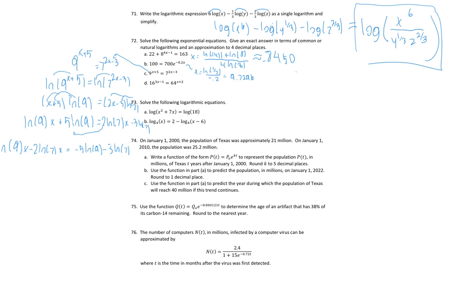And then from here, I have all the x's on the one side, so I'll pull the x out. And then I'll divide by the ln of 9 minus 2 ln of 7.